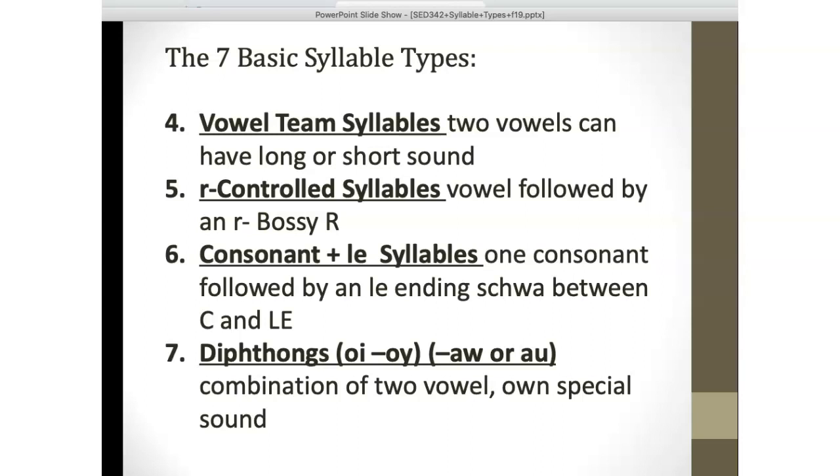But a consonant LE syllable is always at the end, and it's stable. So words like bubble, trouble, syllable. Those are consonant LE words.